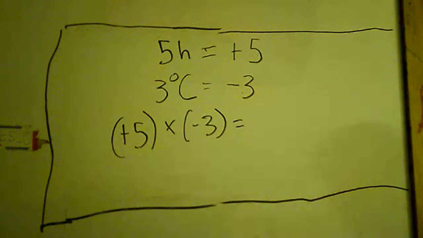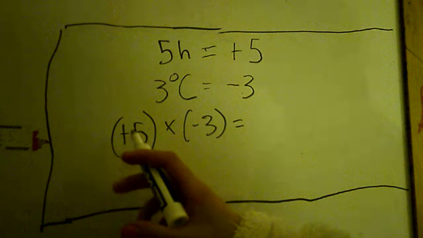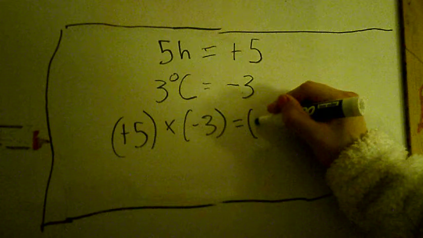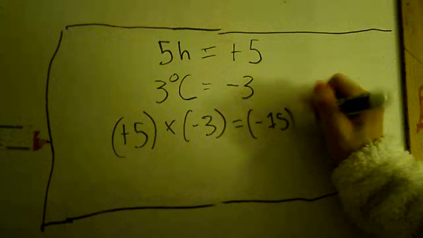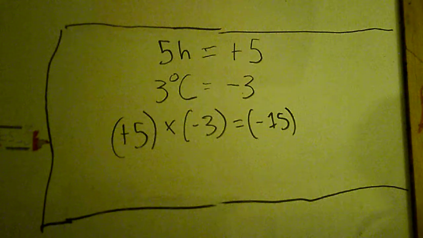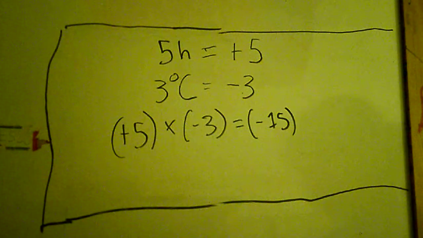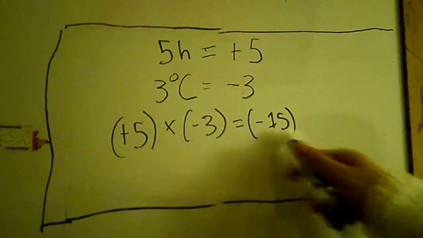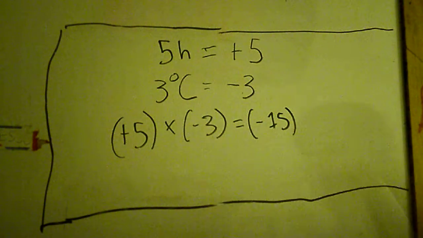So now we know from what I said that positive and negative together make negative. So it's going to be negative 15 because 5 times 3 is 15. And so now we know that the temperature is a decrease of 15 degrees. It doesn't have to be minus 15, it's just a drop of 15 degrees.